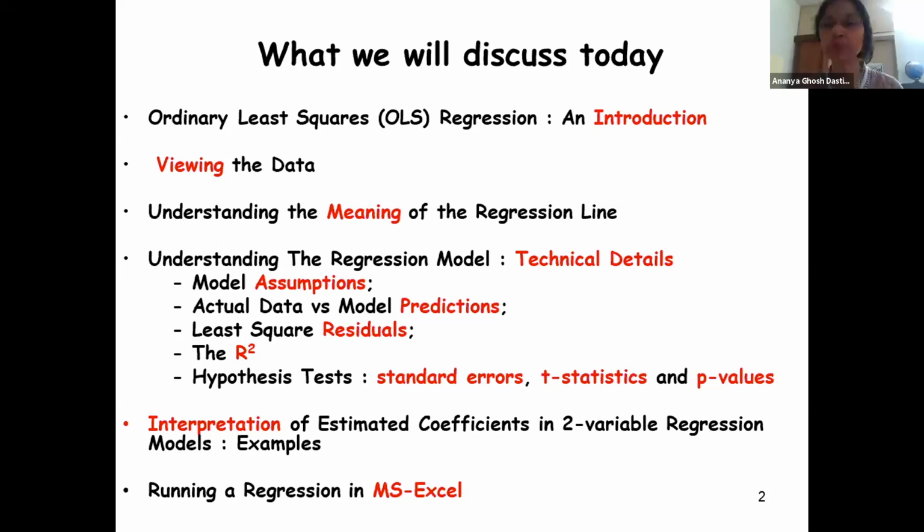Understand how to carry out hypothesis tests, which would involve understanding terms like standard errors, t-statistics, p-values, and so on, and then move on to interpretation of estimated coefficients in the two-variable model. We look at different examples, and we will also be running regressions in Excel. So I will get you started and you will be running those regressions.